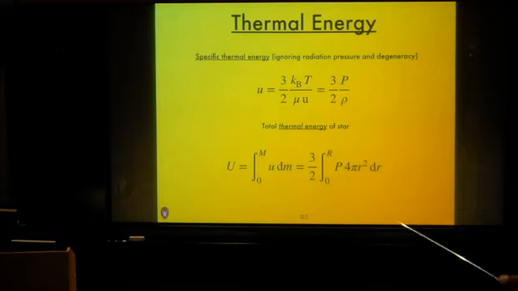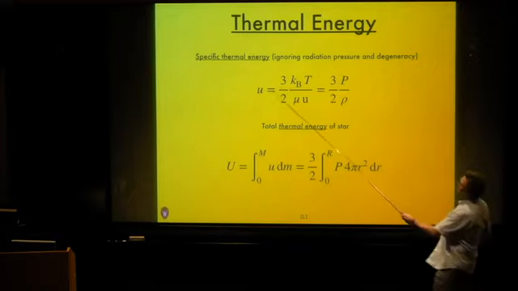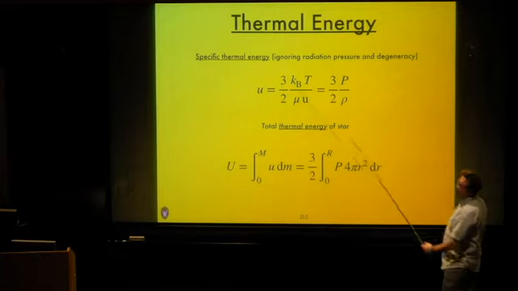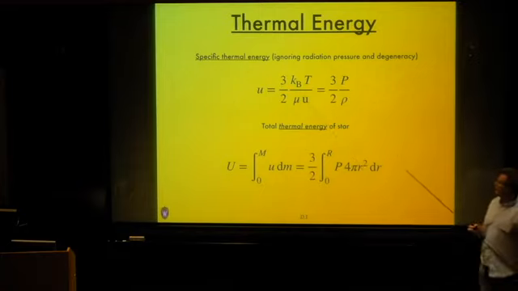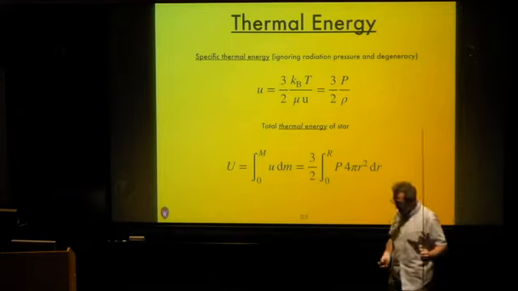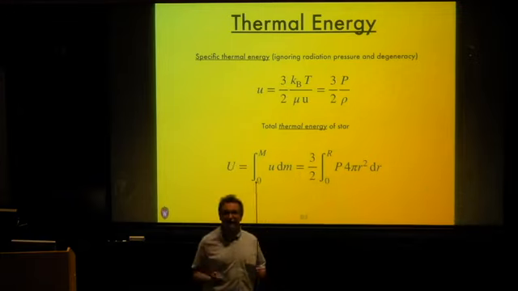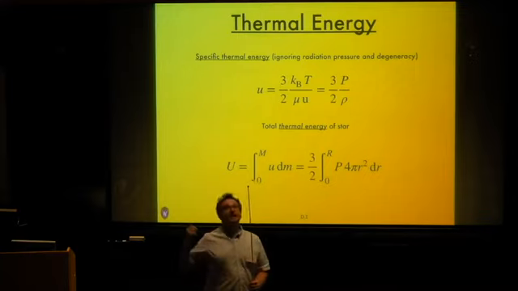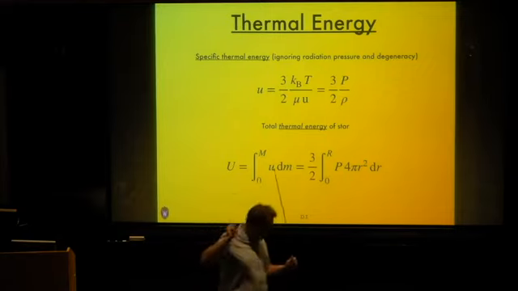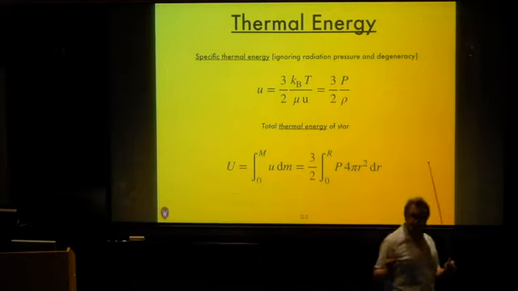Okay? So we're going to start out by writing an expression for the specific thermal energy of material making up a star. If you think of this as an ideal gas, it's monatomic, so the thermal energy of a single particle is 1/2 kT per degree of freedom.